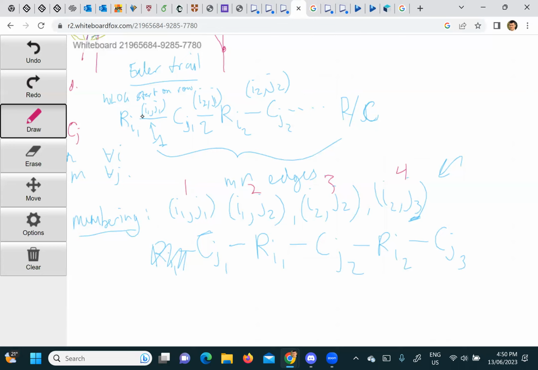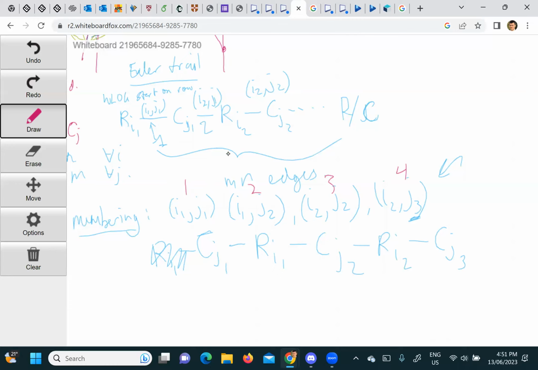Because the way you numbered it was exactly you numbered 1 for that edge, 2, 3, and so you literally get back the same numbers. And if you start with a numbering, you get this trail, and then to get back the numbering, you're literally just putting the numbers in the edges again.